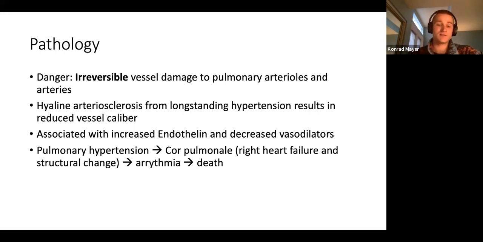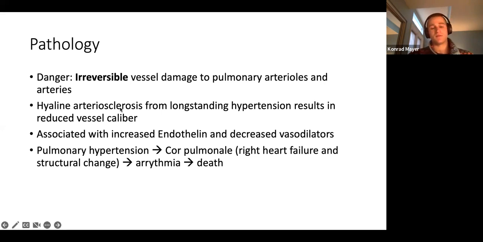So the ideal mechanism of treating pulmonary hypertension is prevention. And it is important to recognize it early on rather than later when the vessels are too thin. So hyaline arterial sclerosis from long-standing hypertension can result in reduced vessel caliber. This is what I mean by this.